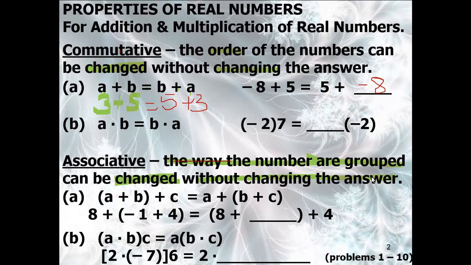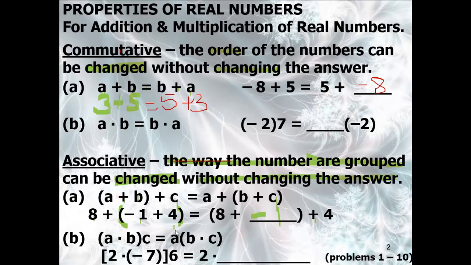So in example A, I can go A plus B, in parentheses, so I do that first, plus C, and I'm going to get the exact same thing as if I add B and C together first and then add A to that. So down here, 8 plus, in parentheses, negative 1 plus 4 is exactly the same as 8 plus negative 1 and then adding 4 to that. Okay? So I can change the way the numbers are grouped. Notice that I'm not changing the order of any of the numbers.